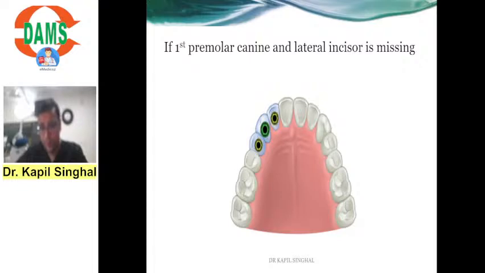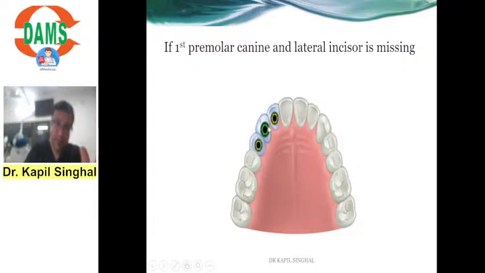Now if you see this, 3 teeth are missing. You have to apply all these 3 principles in a sequence. The first principle is no cantilever, so I'll have to place 2 implants, one in the lateral and one in the first premolar.